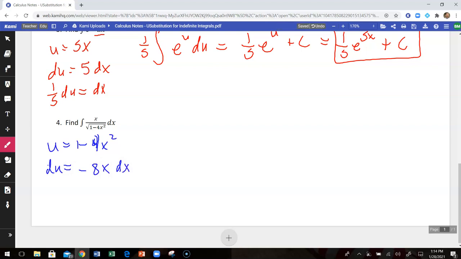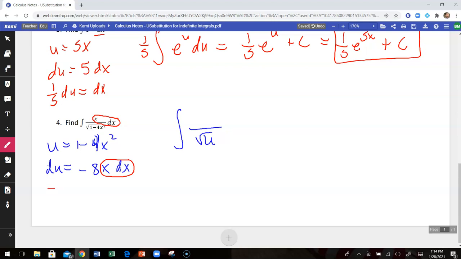Okay, so let's think about the integral and what we'd have. Obviously, if we let u equal 1 minus 4x squared, that means on the bottom we have the square root of u. So what is the other stuff that we have going on in our integral? And that is this x dx. Well, here I have x dx.